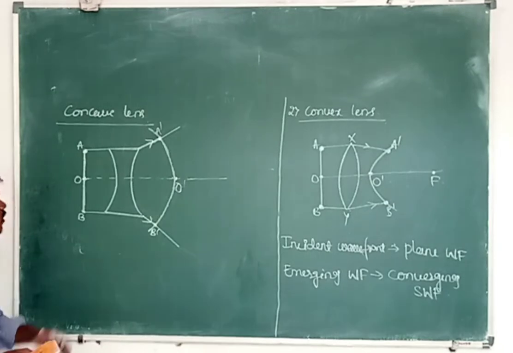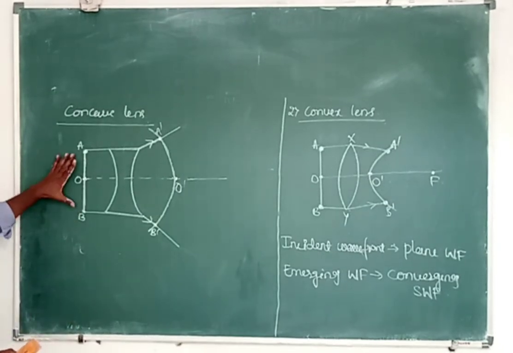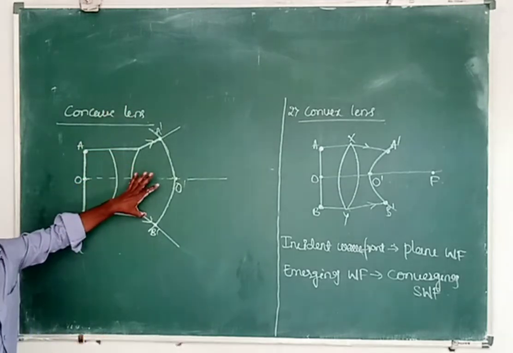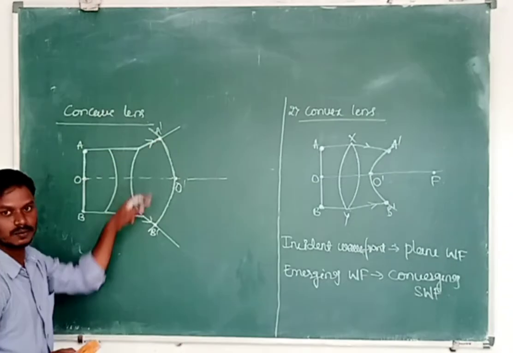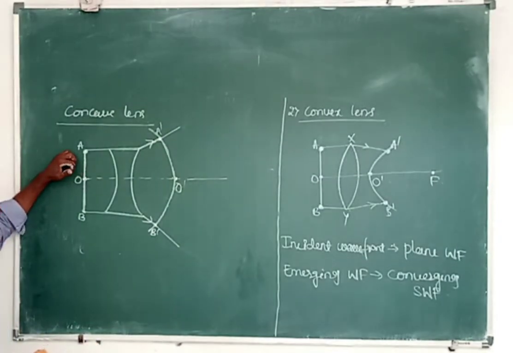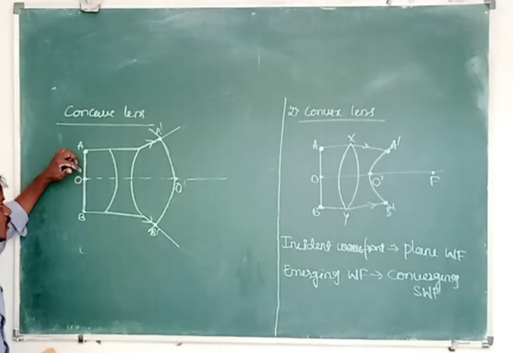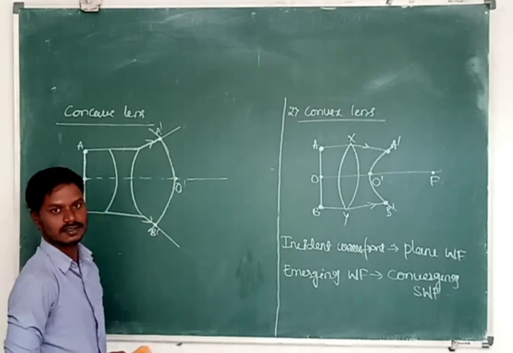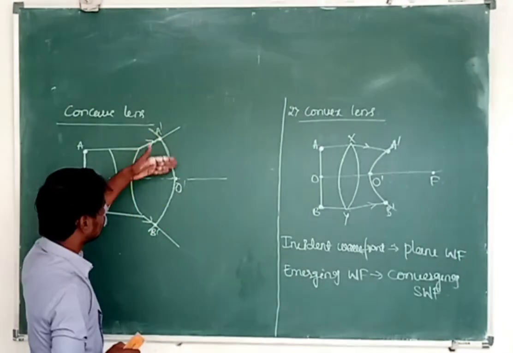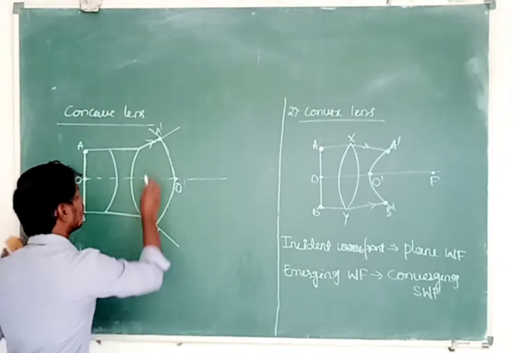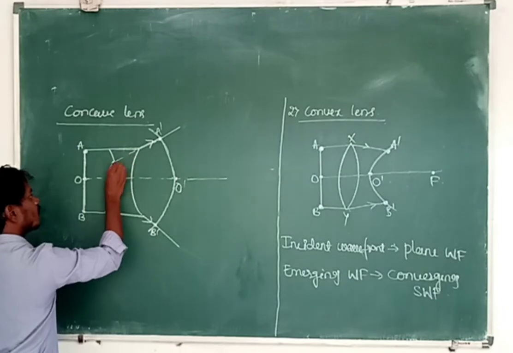Once again listen here. Upper part and lower part of the wavefront traverse the large thickness of the lens, which means they get delayed. But the middle part of the wavefront traverses the thin portion of the lens, so it is advanced. Then joining those points, we will get the diverging spherical wavefront, because these rays appear to be divergent from a point.